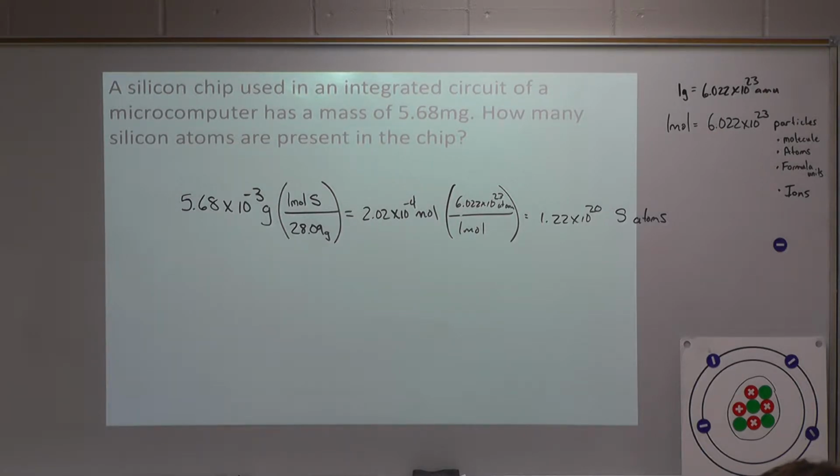See what I just did? You wouldn't have to do it in this context. It wouldn't hurt. There's a 2.02 times 10 to the negative 4 is what I have up there. Times, parentheses again, 6.022 times 10 to the power of 23 over arrow, parentheses.